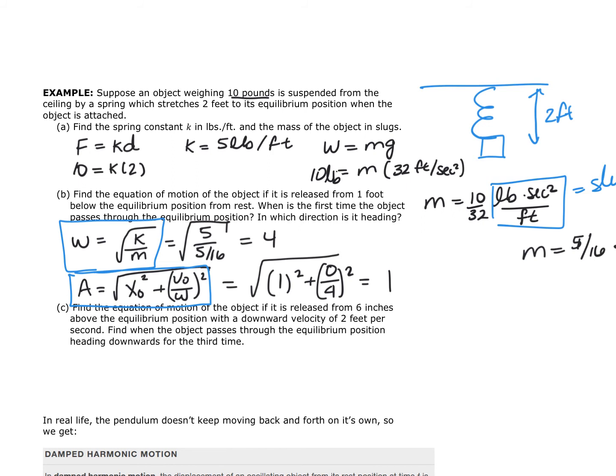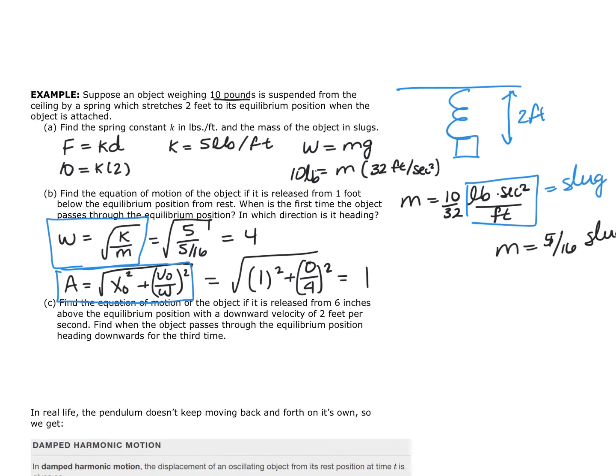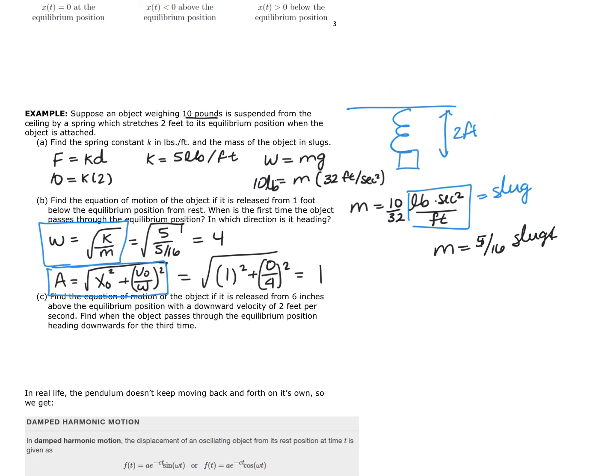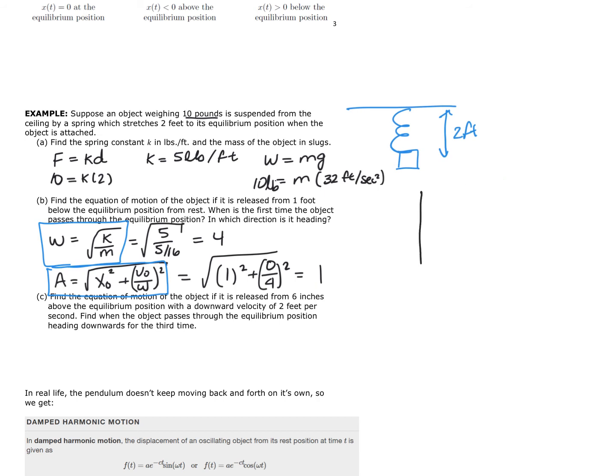Now I can go ahead and do my equation, and then I can actually answer the question. I'm going to use cosine because, remember, pulling down means I'm actually starting in the positive, with a positive 1.